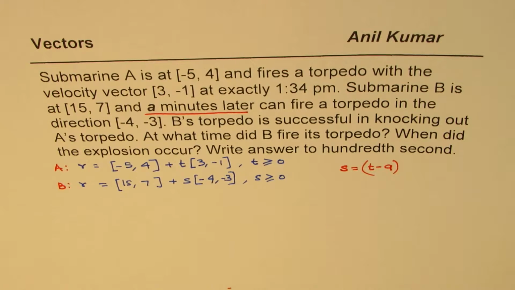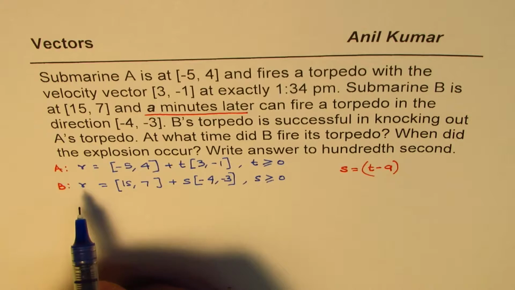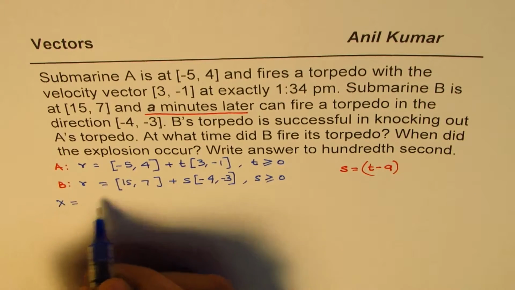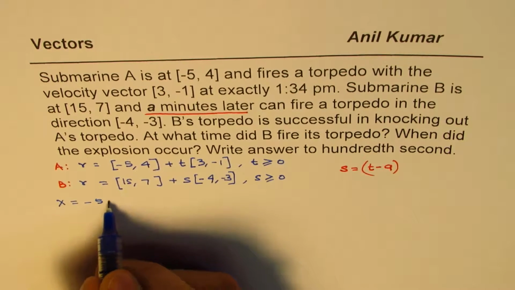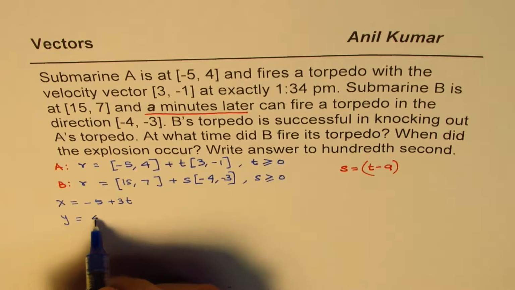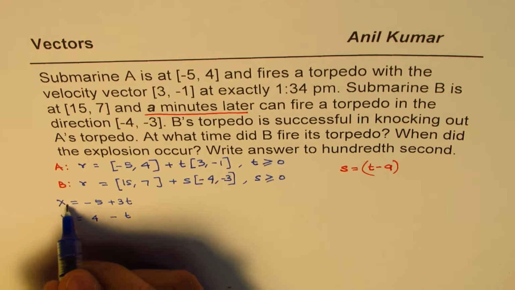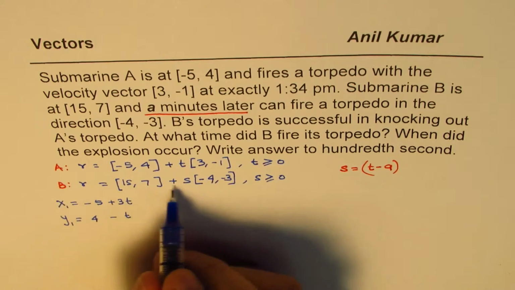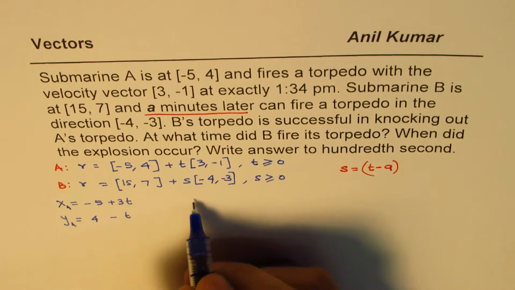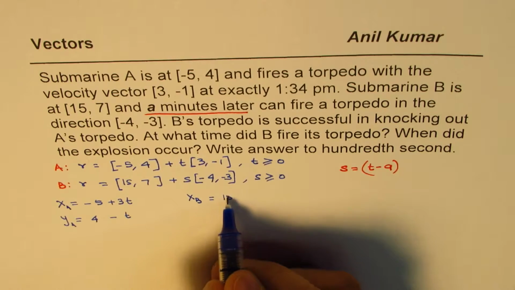Now with that in view, we can write the parametric equations for both. For the first one, x equals -5 plus 3t and y equals 4 minus t. For B, let's write xb and yb.